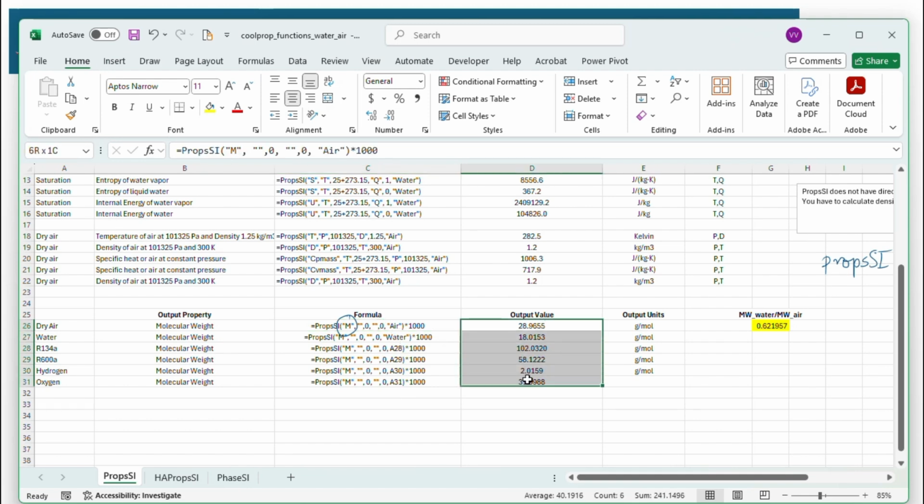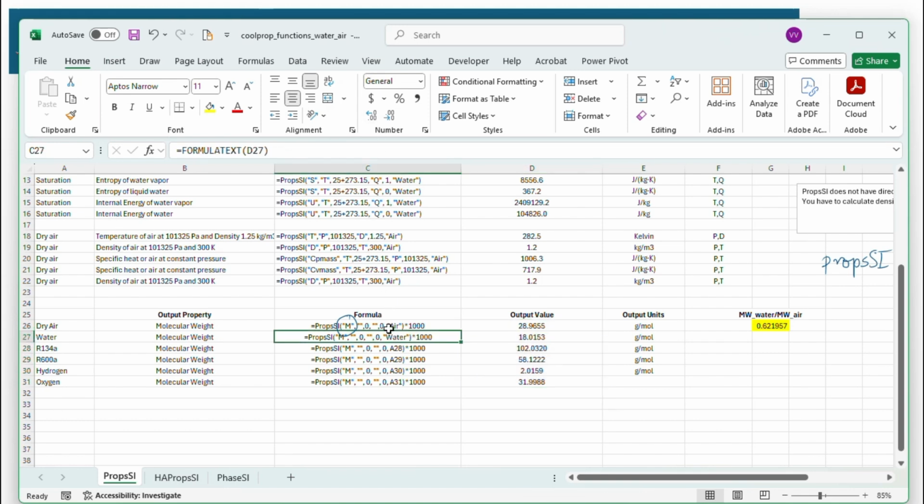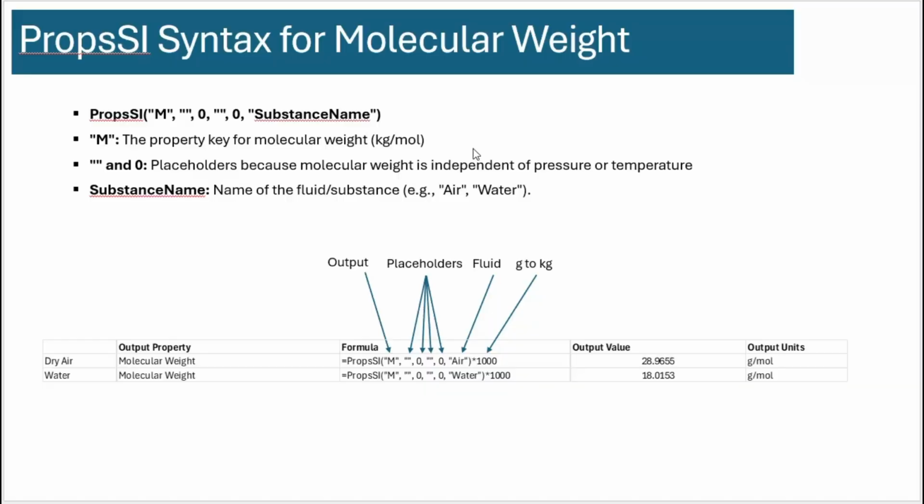You want to convert that to grams per mole for typical molecular weight measurements. So multiply this with 1,000. So the formula is in here. This is the formula that these cells are using, and this can give you a quick way to find out the molecular weight of any chemical that is available in CoolProp. More details on the same can be found in this slide.